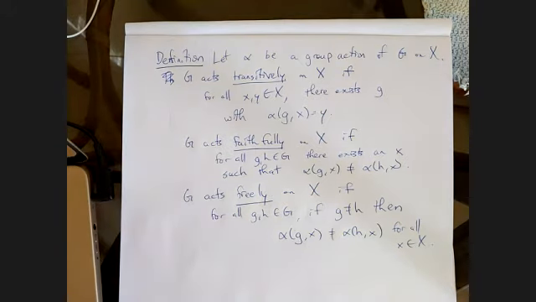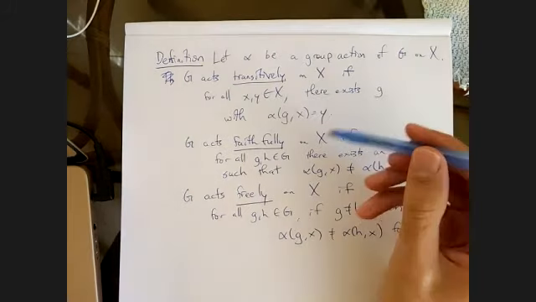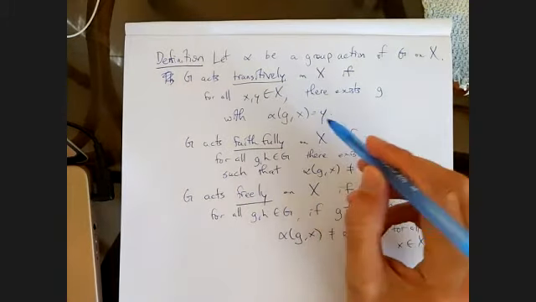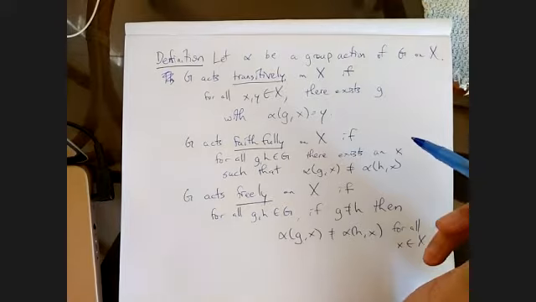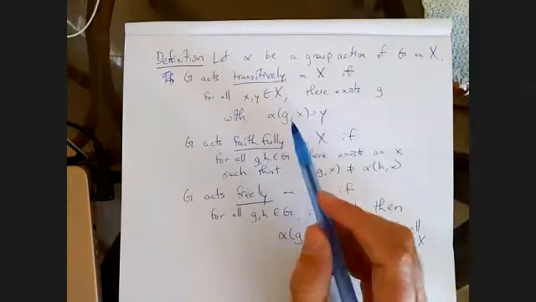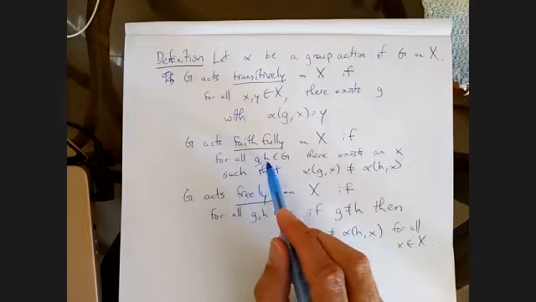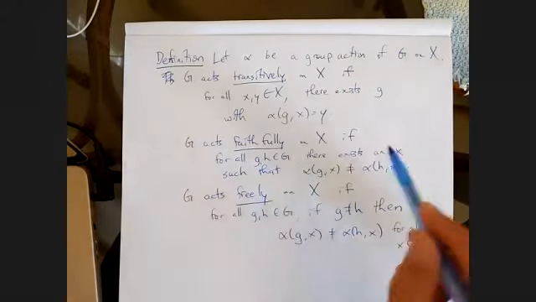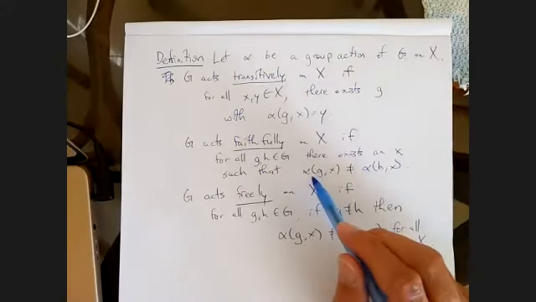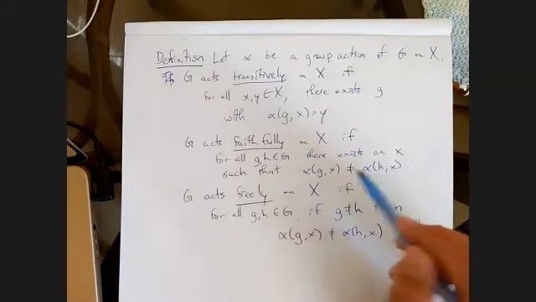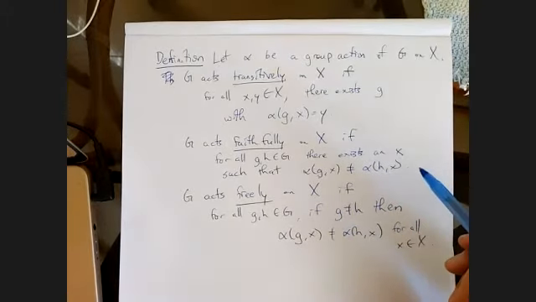Okay, so just to go over it again, a group action is transitive if you can get from any x to any other y. The group acts faithfully if for any two group elements, there's an element of the set where the two elements act differently somehow.